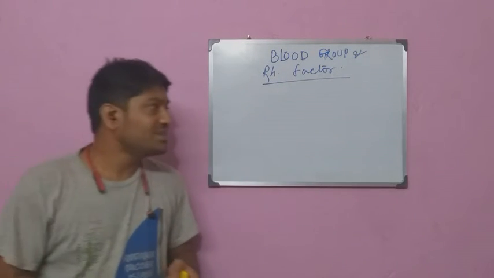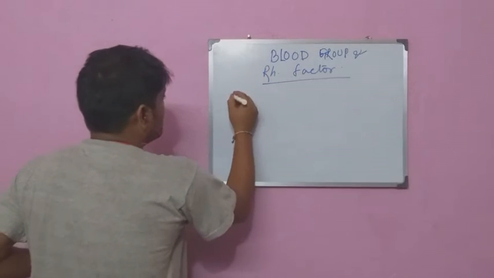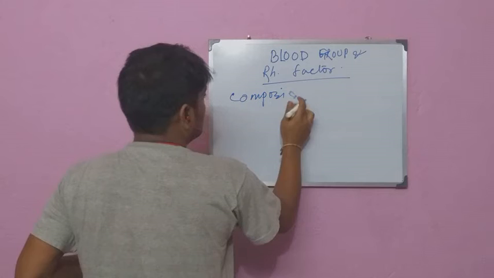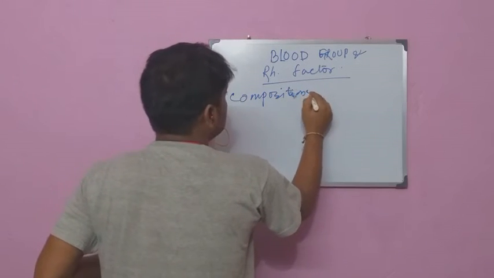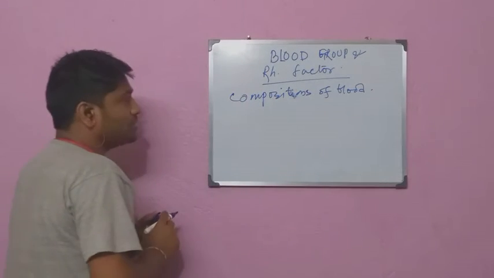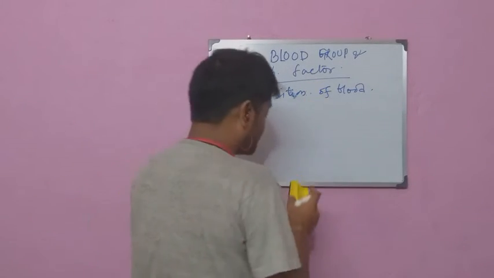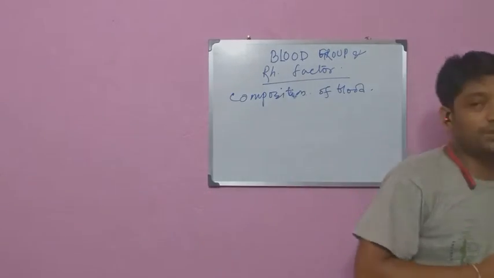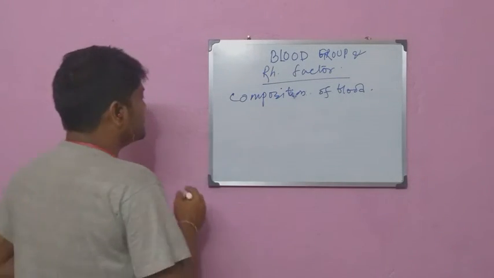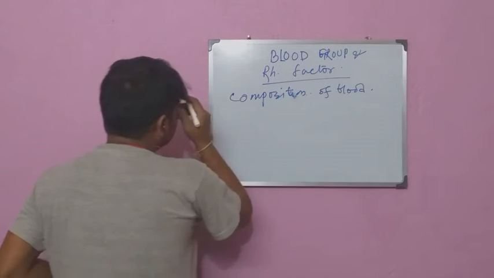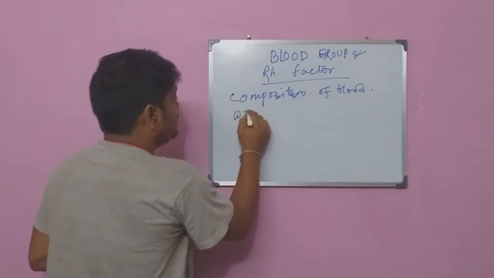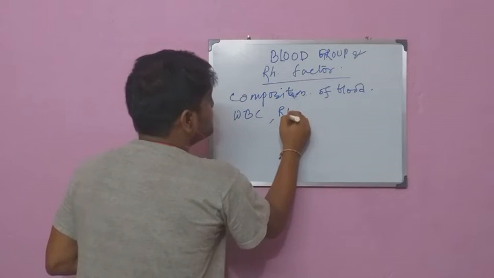First of all, I have already told you the composition of blood: WBC, RBC, white blood cells, red blood cells, platelets and plasma.